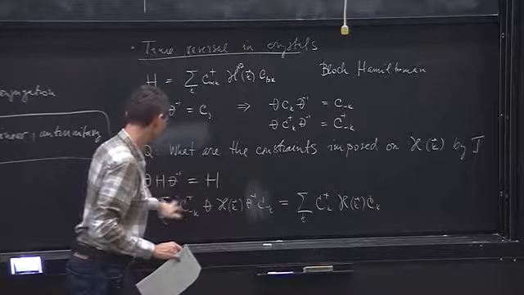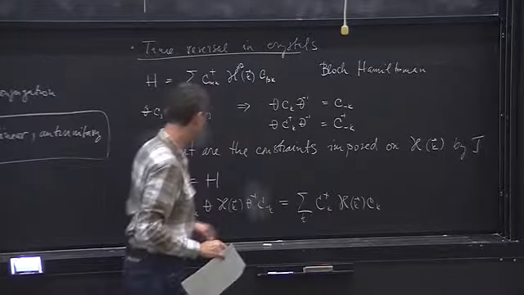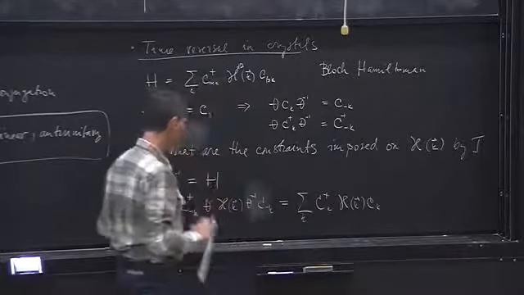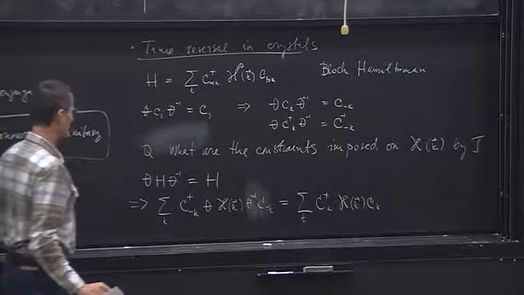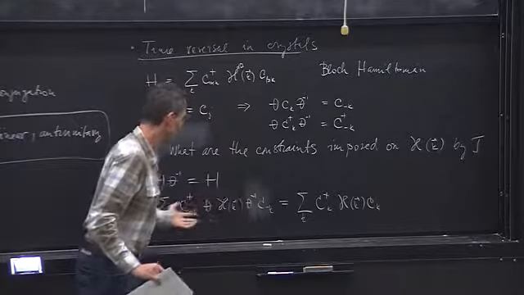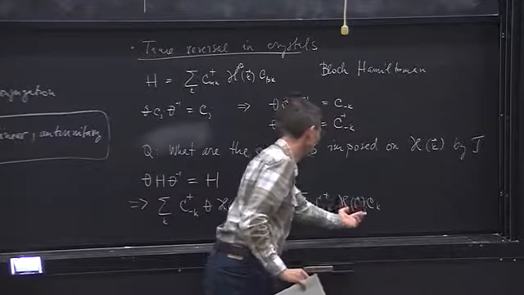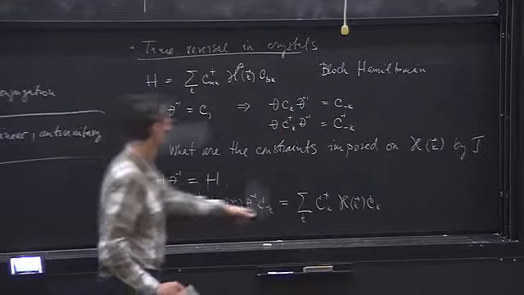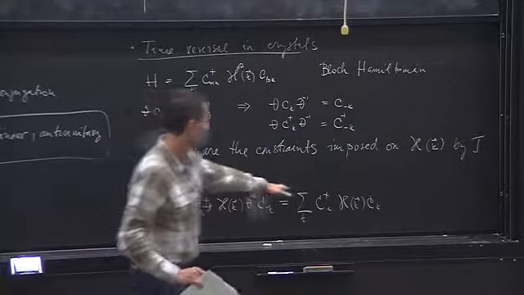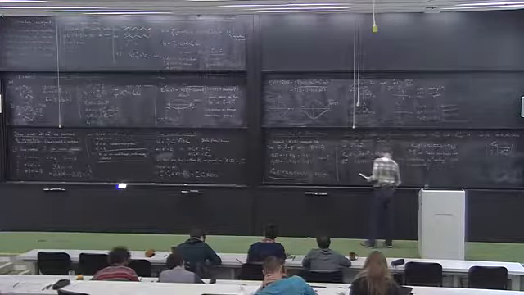I took into account how my momentum space creation annihilation operators behave under time reversal, so I can now compare the left-hand side to the right-hand side, and one thing that I can do, I can just say that for those to be equal, this has to be equal to that at minus k, because I can reverse the sign of the dummy summation variable in here, and the result that I get from here is the following.